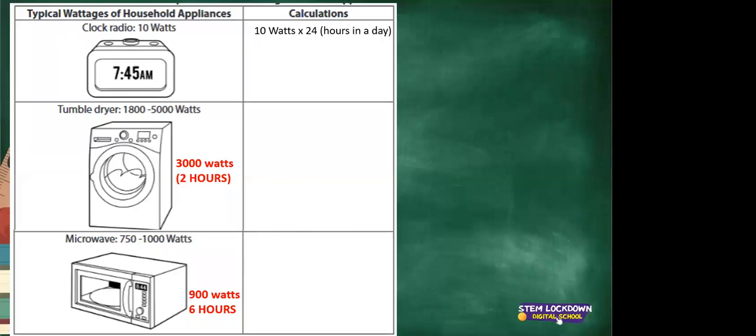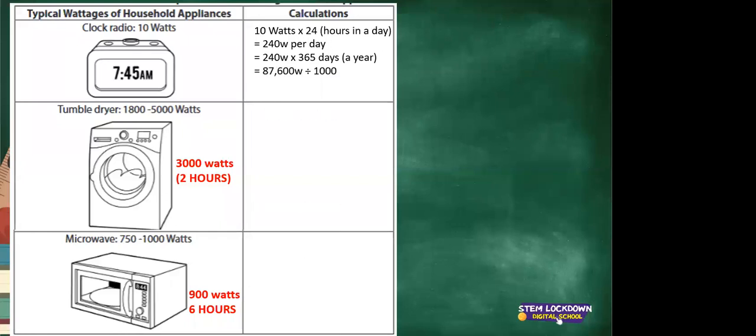All right, so with the alarm clock, 10 watts times 24 hours, because it is on the whole day, we times it by 24 hours, and we get 240 watts per day. So 10 times 24 will give you 240. Now to calculate how many hours we utilize the clock for throughout the entire year, we need to times it by 365 days.